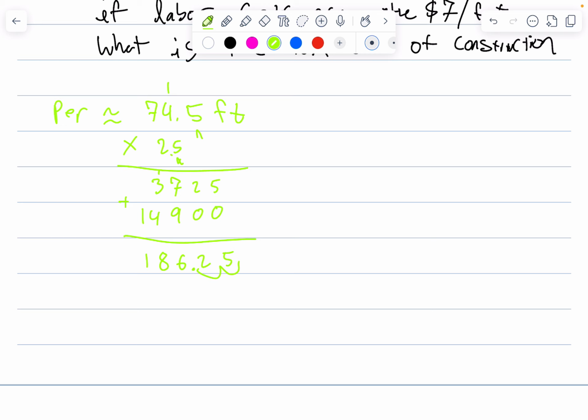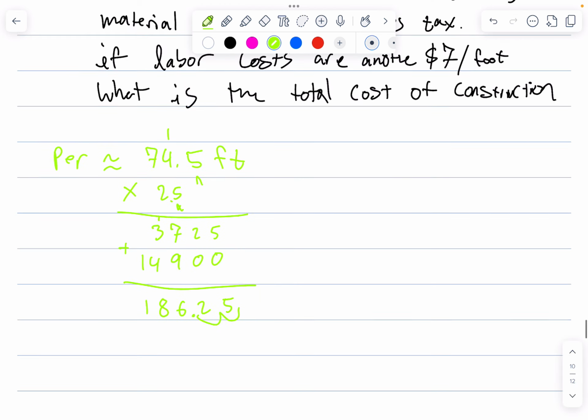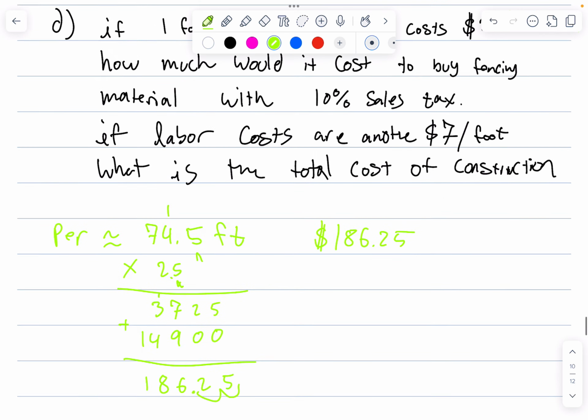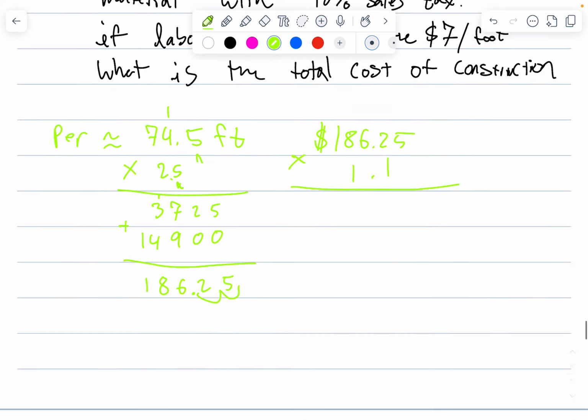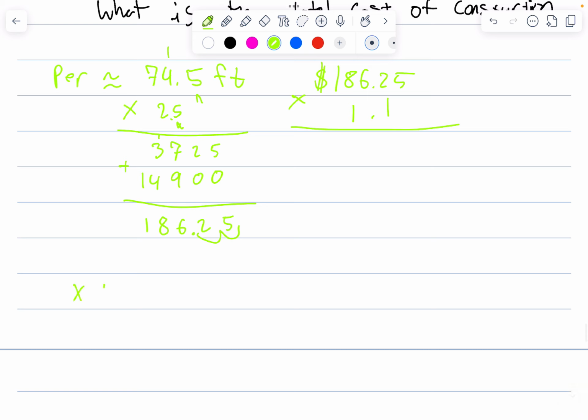So total for just the fencing material is 186.25. And then I said tax is another 10%. So we're going to multiply this by 1.1. Because if you multiply by 1.1, that's as if you're scaling up by 10%, right? Multiplying by 1.1 is the same thing as multiplying by 1 and adding 0.1, right?